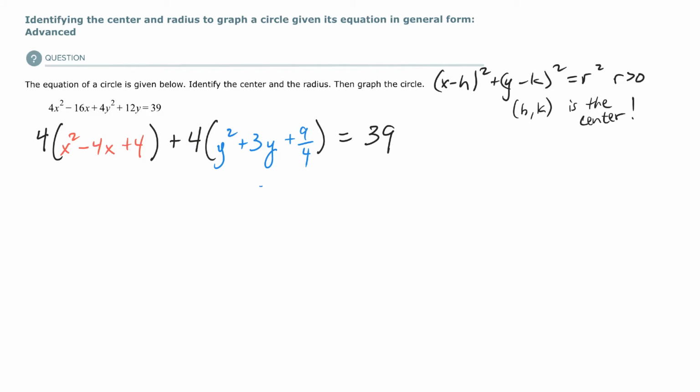The way I balance this equation is simply add a 16 here and add a 9 here. So I added a total of 25 to both sides of the equation, and now it is balanced. If you're still having trouble seeing that 16 and the 9, well, there they are. You have to distribute that 4. Now we're in good shape.